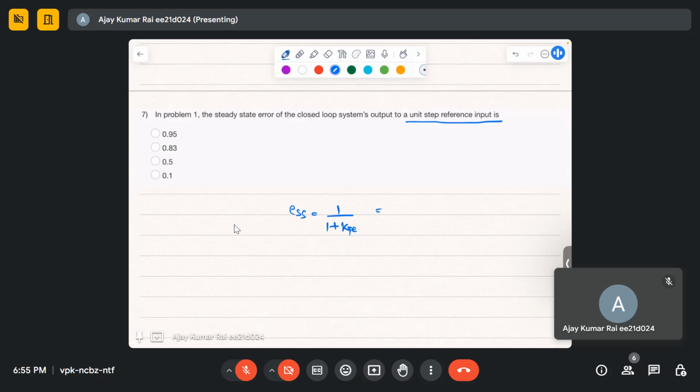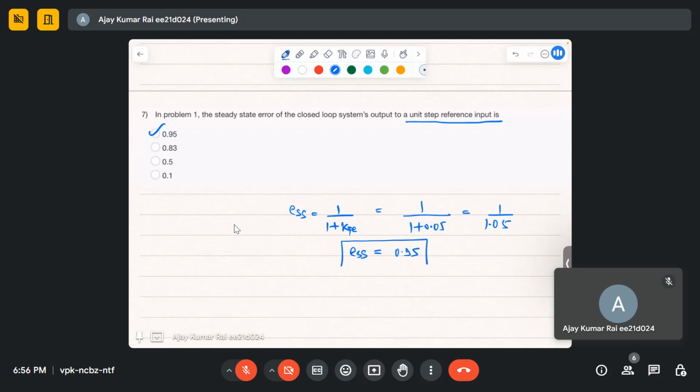So that is 1 by (1 plus 0.05), and we'll get 0.95. This is the steady state error.